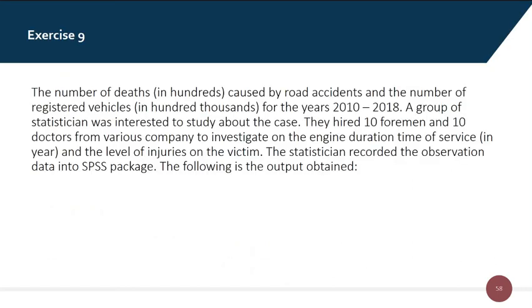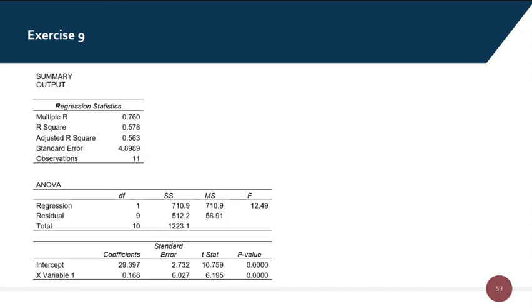So again, exercise 9, try to do it first. Again, you have the summary output, and then see what is the result. So you have R here, R squared here, your intercept, and also your slope value.